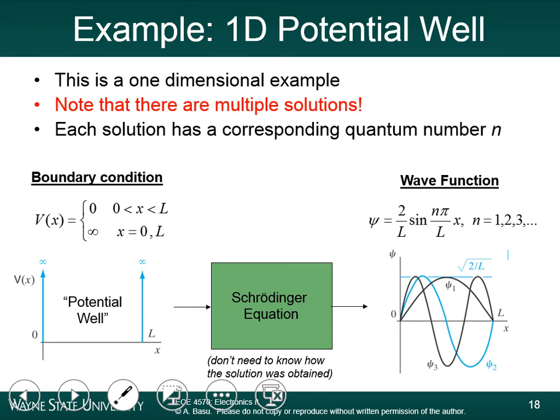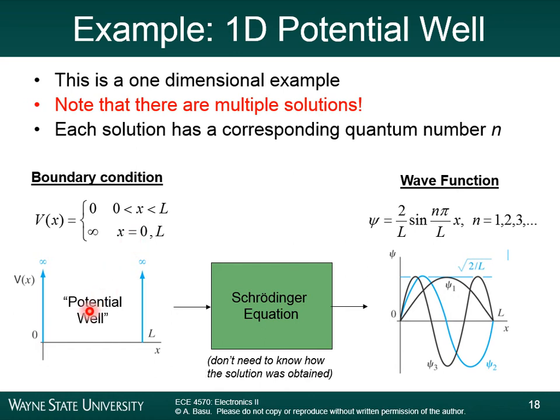Now, let's think about what physically multiple solutions means. So this is a one-dimensional example, meaning instead of an electrostatic potential that is a function of x, y, z, it is just a function of x. So this example here is showing a potential well.